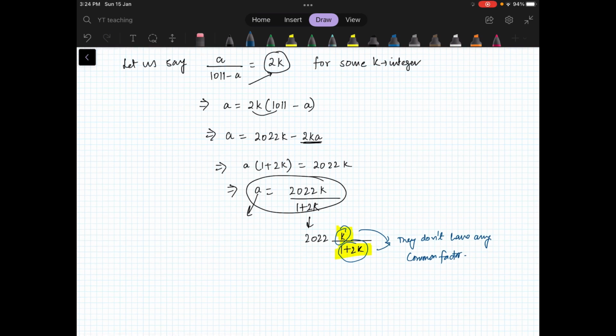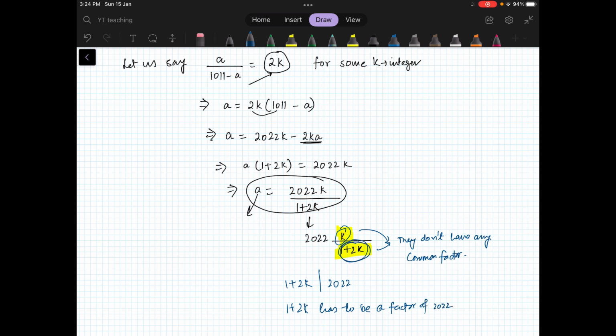So if they don't have a common factor and we want a to be an even integer, what we want is that 1 plus 2k should divide 2022, or we can say that 1 plus 2k has to be a factor of 2022.